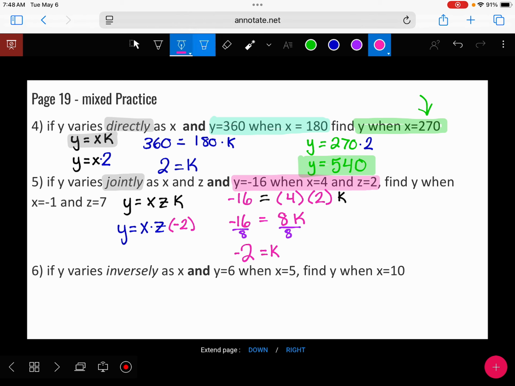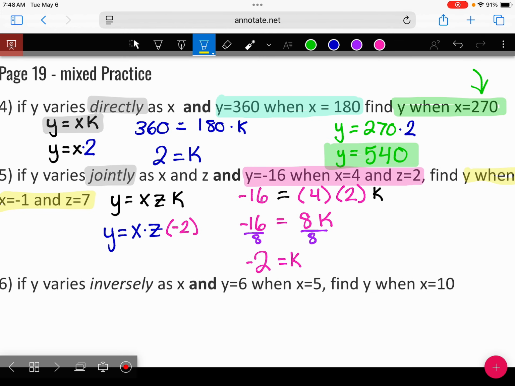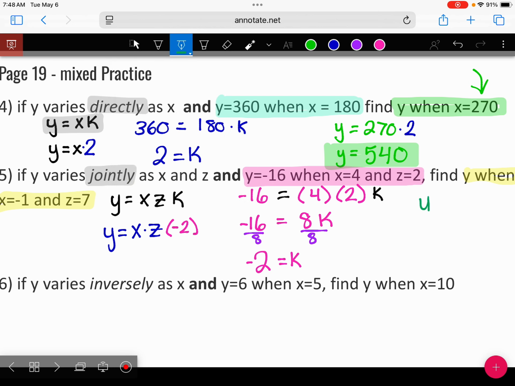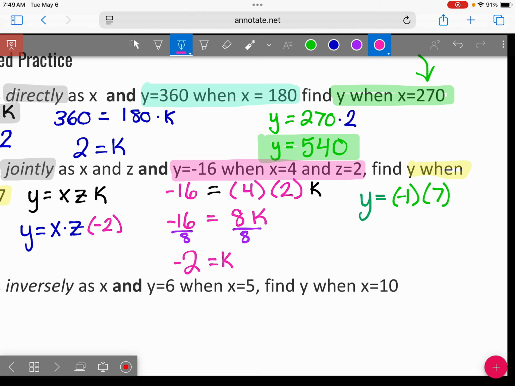So then the question we were asked, our problem for this one is to find y when x is -1 and z is 7. So we can substitute those pieces in. It's a plug and chug kind of situation. So our y we are going to find by taking our x of -1, our z of 7, and that's going to then still be times that -2.